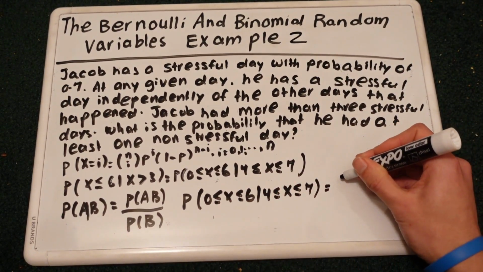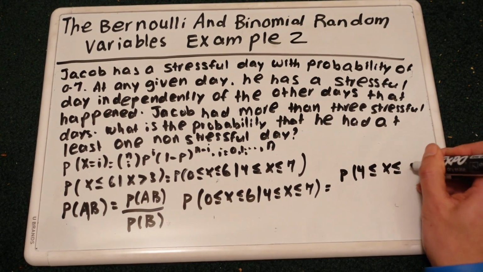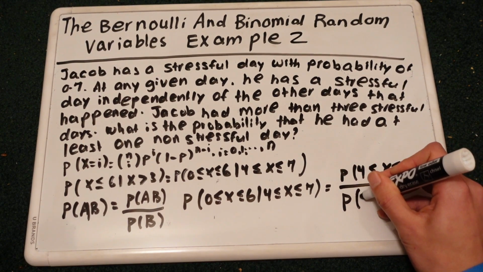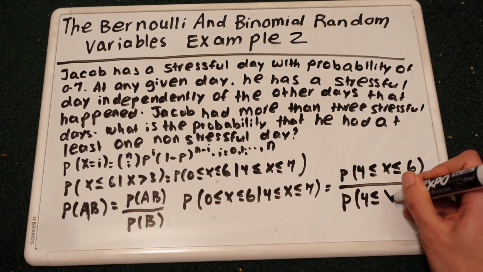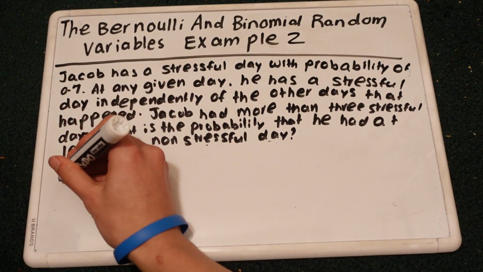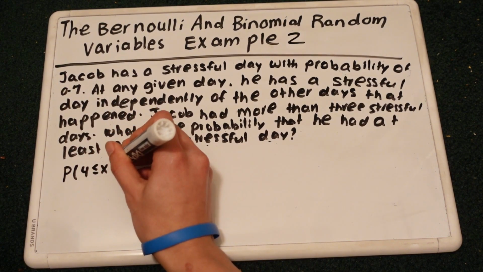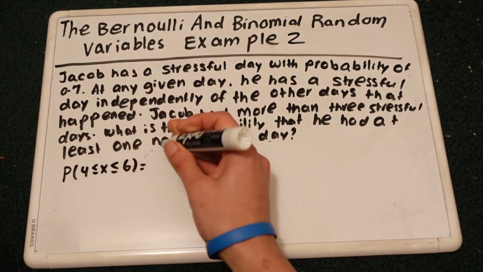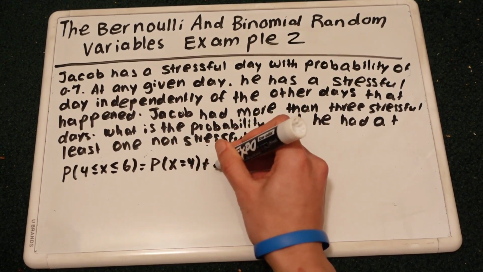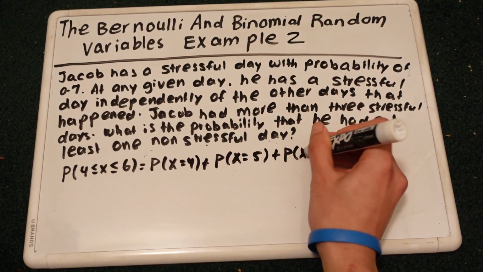And this would equal the probability of X between 4 and 6 over the probability of X between 4 and 7. So for the numerator, the probability between 4 and 6 would be equal to the probability of X is equal to 4 plus the probability of X is equal to 5 plus the probability of X is equal to 6.